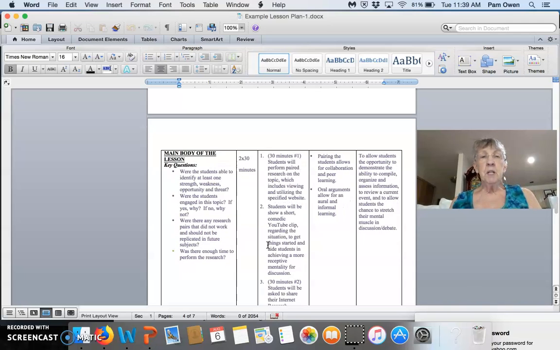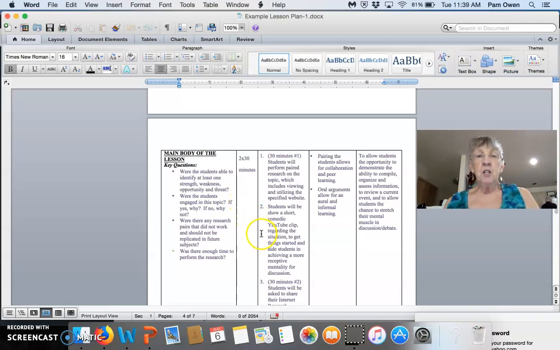Then I'm going to just continue to look through and see that all the materials are here, that you're using them, that you've got some structure, and so this should help you get from point A being the objective, point B being your assessment. This should help you get there.